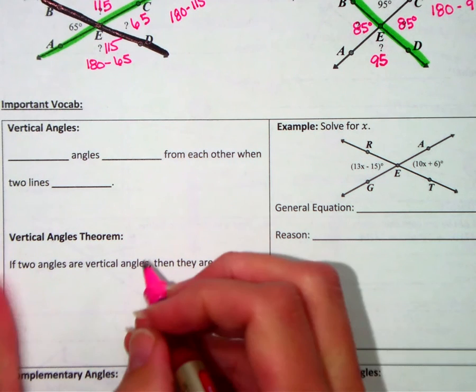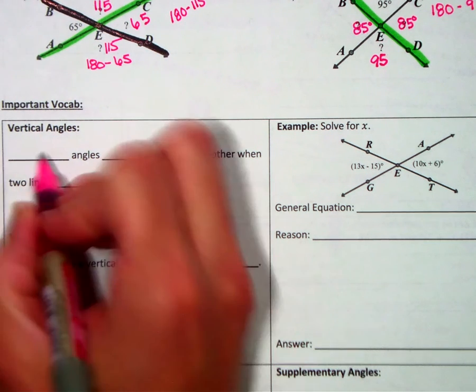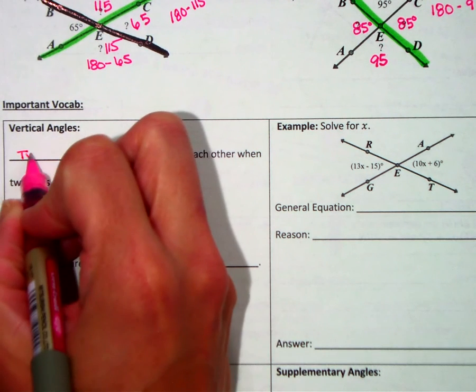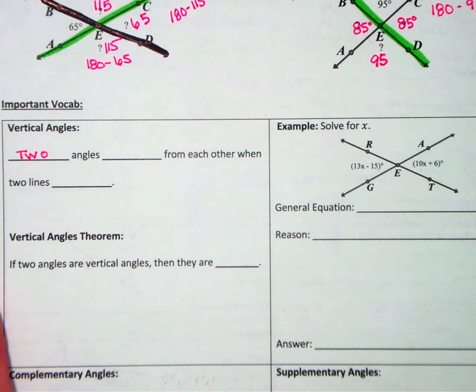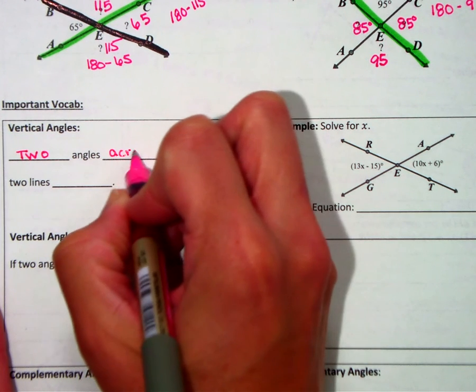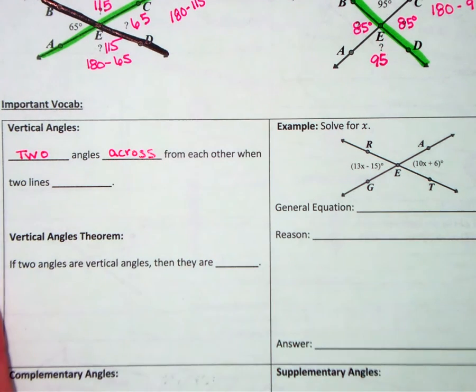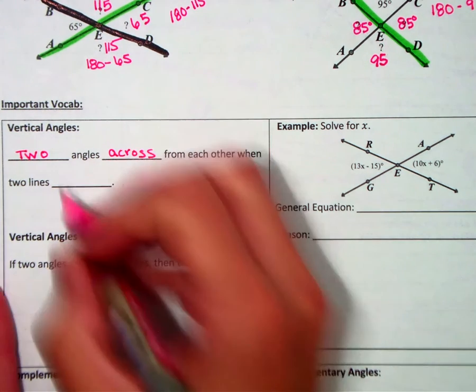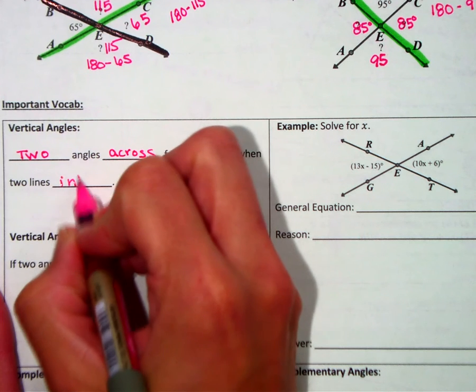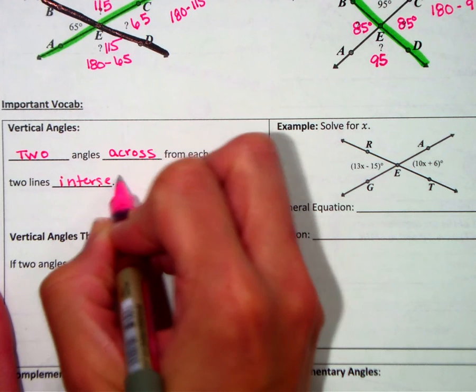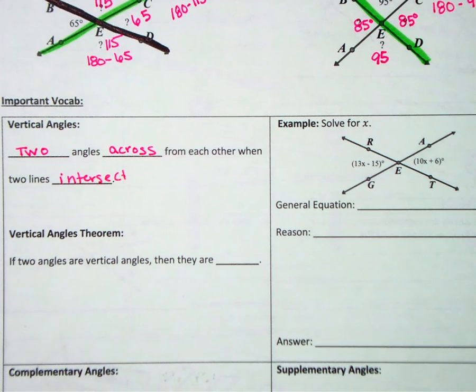Okay? So vertical angles are two angles across from each other when two lines intersect. That's their definition.